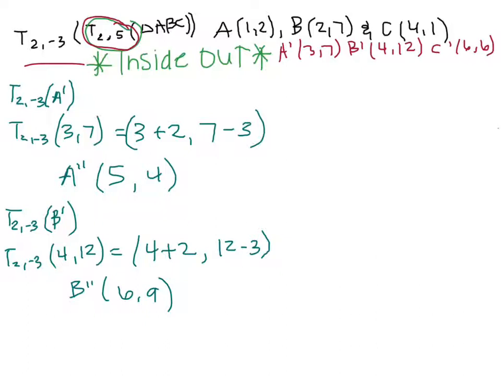We have one more left that we have to do to finish these two translations. So I'm going to go ahead and do C prime. And I want you all to do it in your notebooks as well, or in your assignment as well.